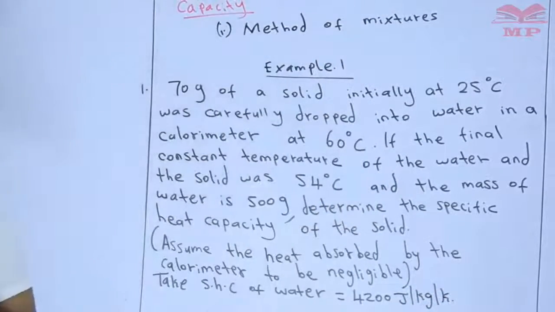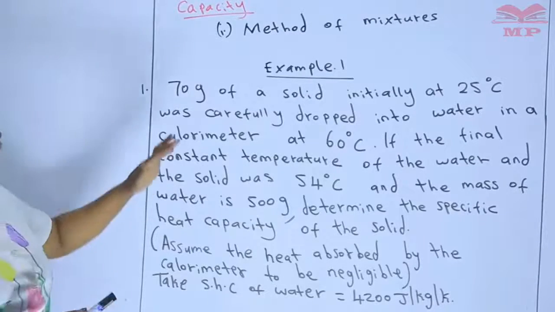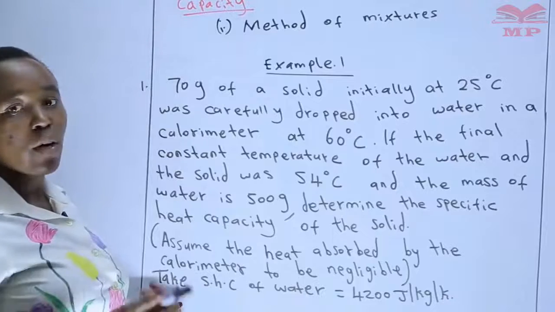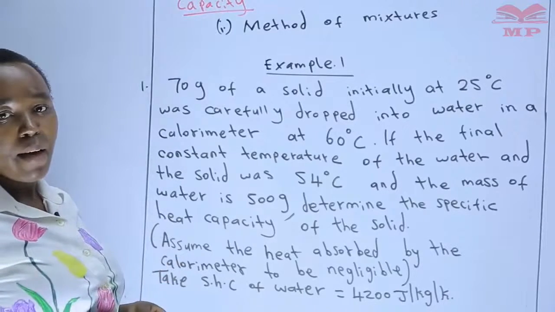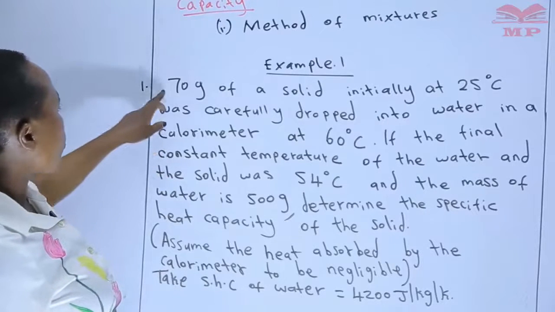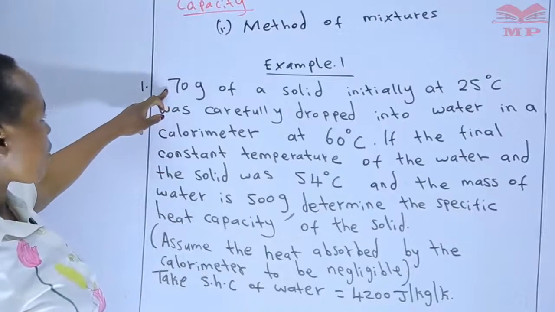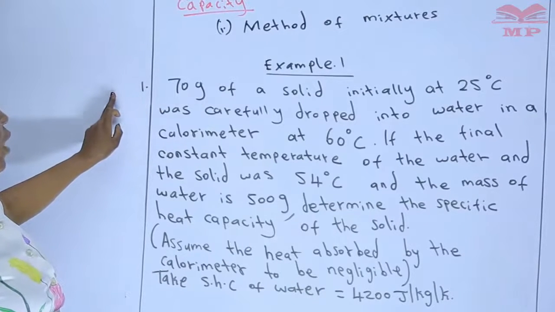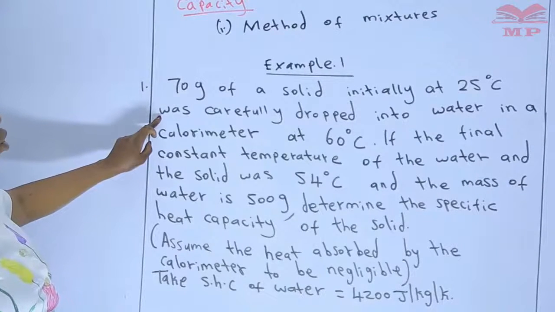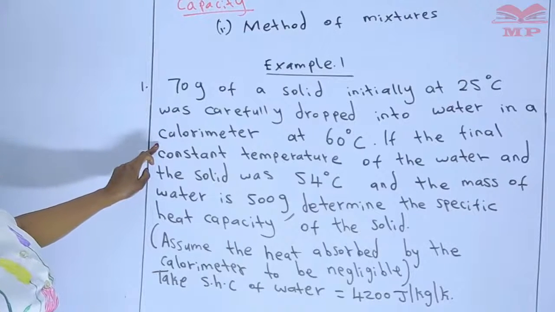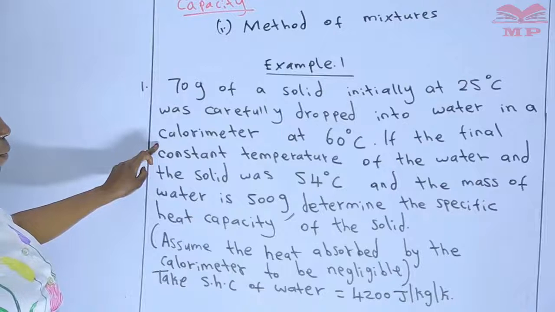So that's our question. Most of these questions will come as long as this one, or even longer than this one, but they are very interesting even to work out. So we are told that 70 grams of a solid initially at 25 degrees Celsius was carefully dropped into water in a calorimeter at 16 degrees Celsius.